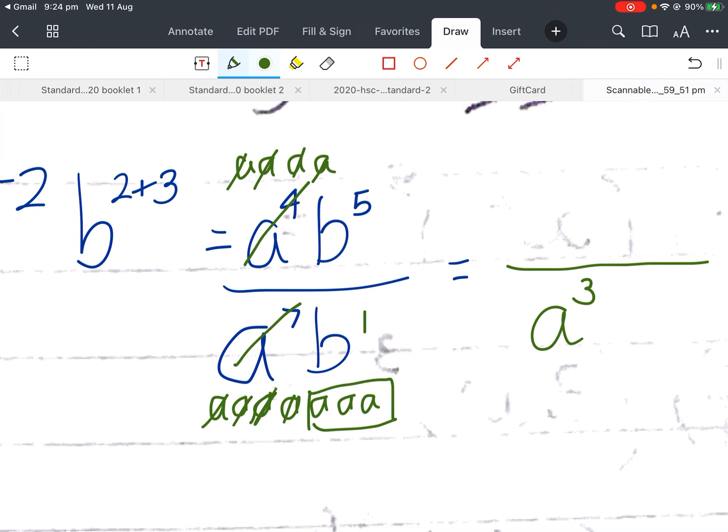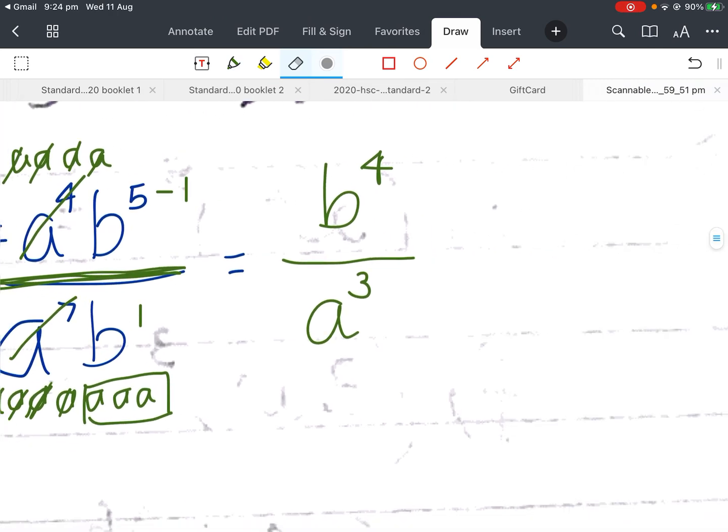So we're left with a to the power of 3 on the bottom. Now on the top, remember when you divide, you subtract the indices. So for b, 5 take away 1 gives you b to the power of 4. You could have done it the same way, 5 b's and 1 b, and just crossed off 1 b on the top and 1 b on the bottom, and you should have gotten the same thing. Now some of you might have done this.